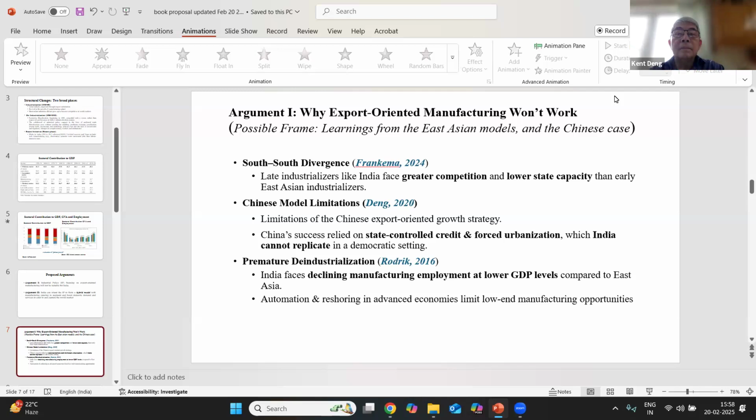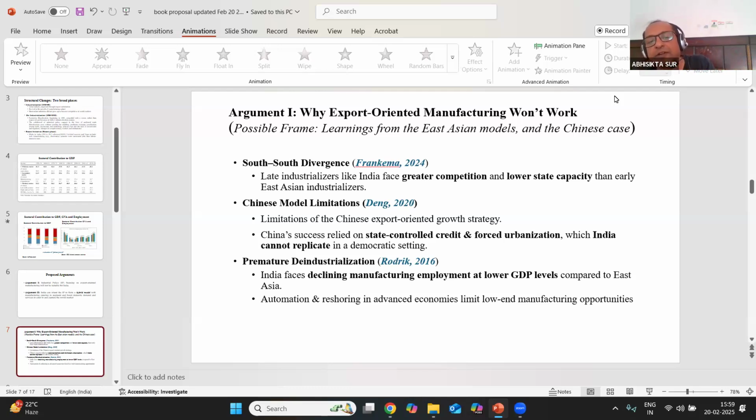Second, sir, from your 2020 paper on the Chinese model, you have highlighted why export-oriented growth has its own limitations, which is even more true in the current period, wherein we see more inward orientedness, a trend towards deglobalization.